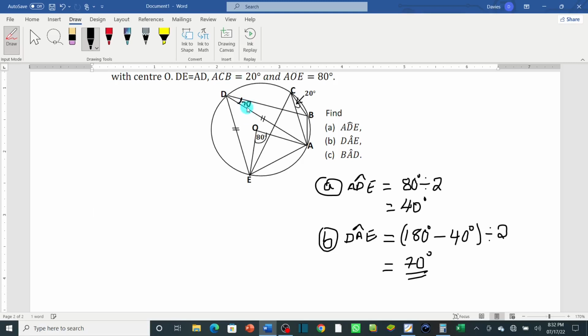Now if this angle is 20, we need to know this other angle here. So this other angle can be known if we know which other angle we can know here. Let me just check.